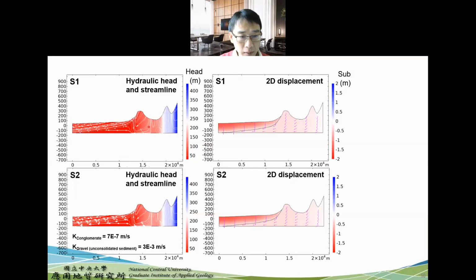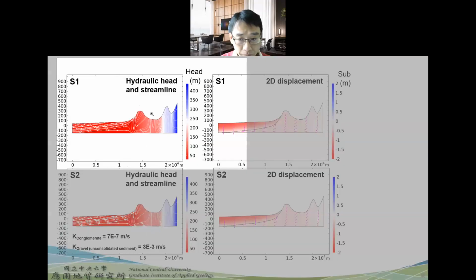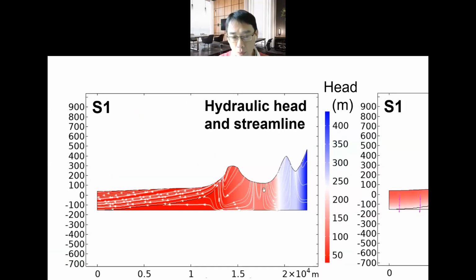But the interesting part is that, as I mentioned, commonly we see from the previous conceptual model, I try to enlarge this. In the previous one, we mentioned that commonly we imagine the foothill or the mountains will become the water divide. So if you put the water particles on the left-hand side, they flow to the left, and put on the right-hand side, they flow to the right.